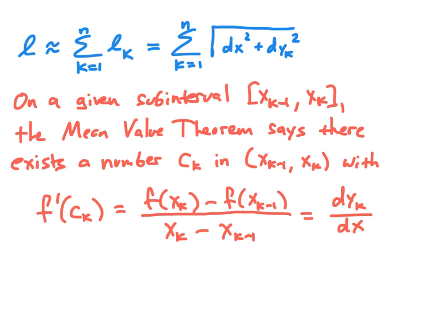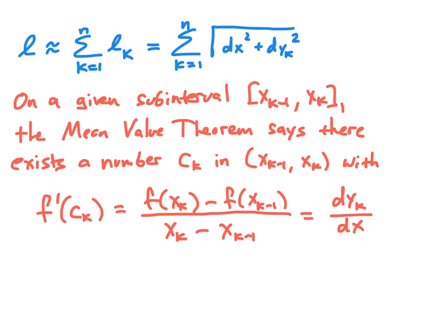And so that slope there would be f of xk minus f of xk minus 1. That would be the difference in the y values, or dyk, the difference in y's on the kth line segment, divided by xk minus xk minus 1. And that would be the difference along the x-axis between the x values of our segment, which we were calling dx. And so what we have here is that there's some point ck where f prime at this point is equal to dyk divided by dx.